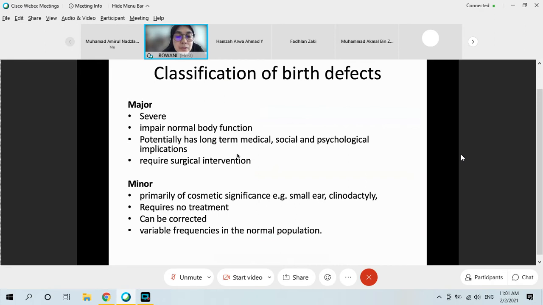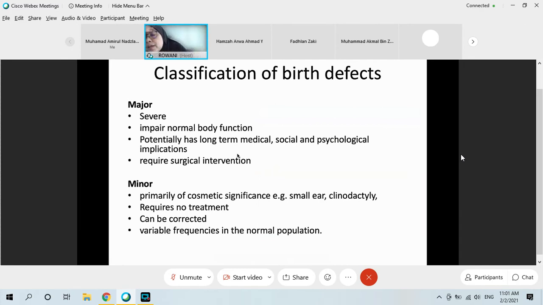Minor if it is primarily of cosmetic significance, such as having an ear tag, a small ear, clinodactyly, or polydactyly, and it normally requires no treatment. It can be easily corrected, unlike the major defect, which is not as easy to surgically repair. And minor birth defects have variable frequencies in the normal population.